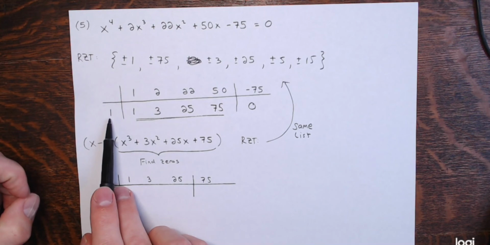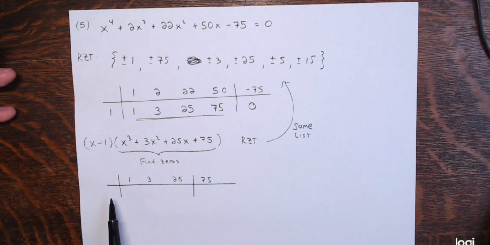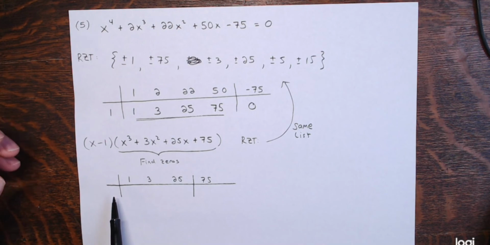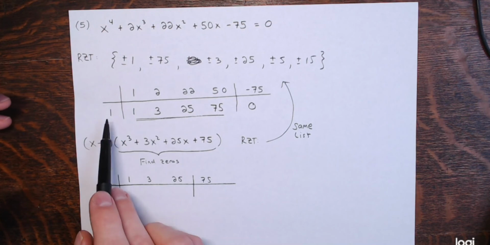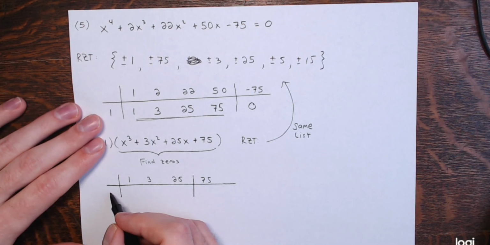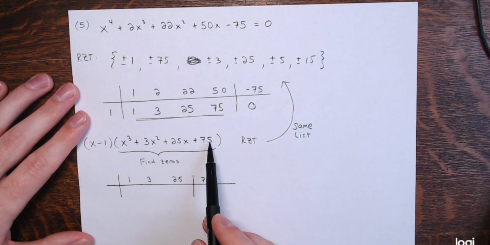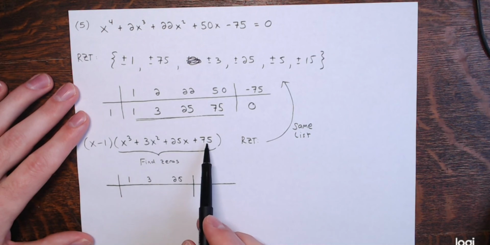Now, 1 was a 0 earlier. It can be a 0 again of another factor, right? Zeros can have multiplicities higher than 1. So just because I checked 1 earlier and it worked doesn't mean it can't work again. So I'm going to start now. I probably shouldn't check 1 though. Look at all the coefficients of this degree 3. 1, 3, 25, 75. They're all positive.